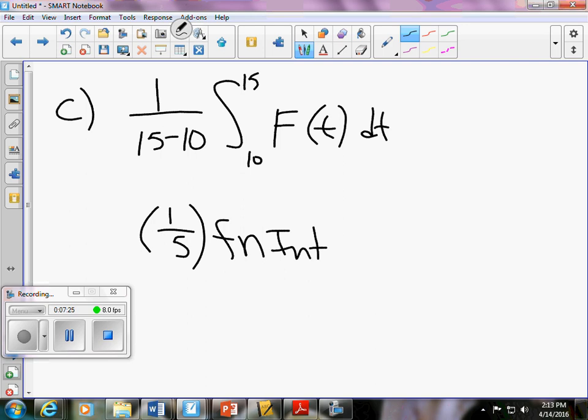As far as putting it in the calculator, if you have f of t stored in y1, you can get the answer just by plugging it in right. Let's make sure we can get that, and we got to talk about the units.